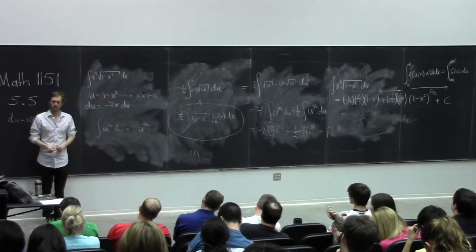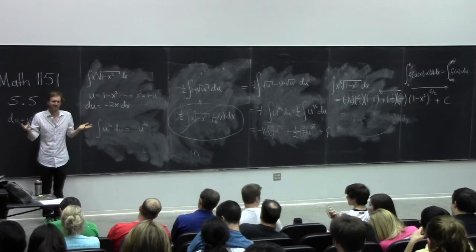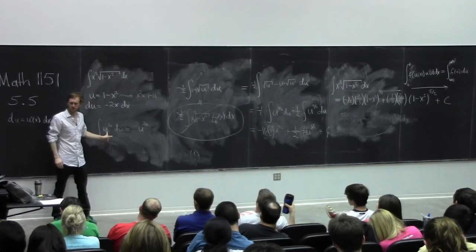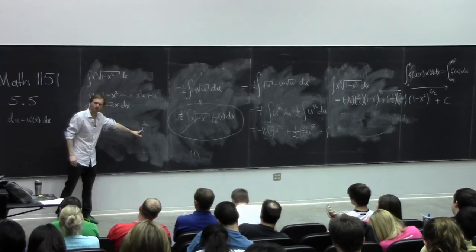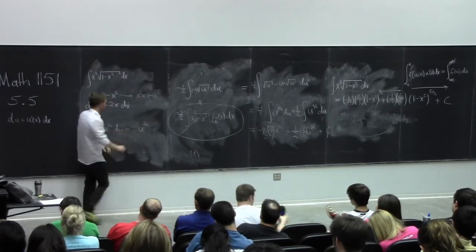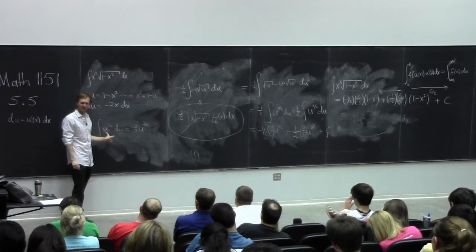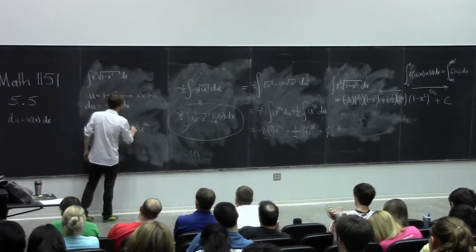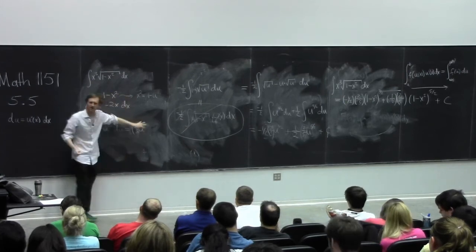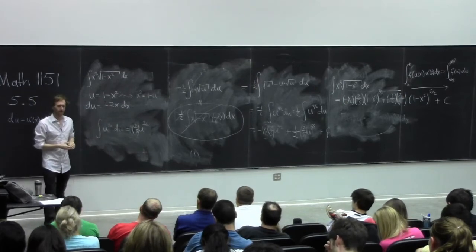I'm looking for the thing whose derivative is this. And when I take this derivative, I subtract 1 and pull it down, right? But do you see a 3/2 in front of this? No. So there had to have been a 2/3, so that when you take the derivative, they cancel and you get 1.